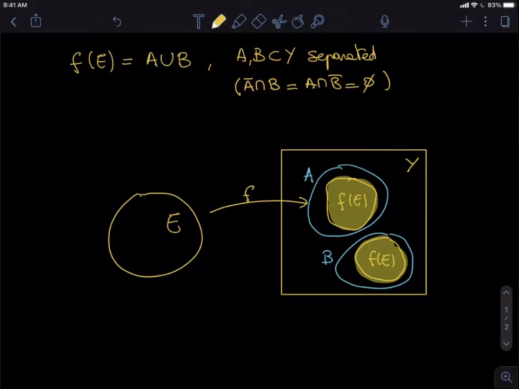We can look at the two pieces that we had originally, that are the intersection of E with the inverse image of A, let's call it G, and H, which is E intersection with the inverse image of B. That splits in two pieces.